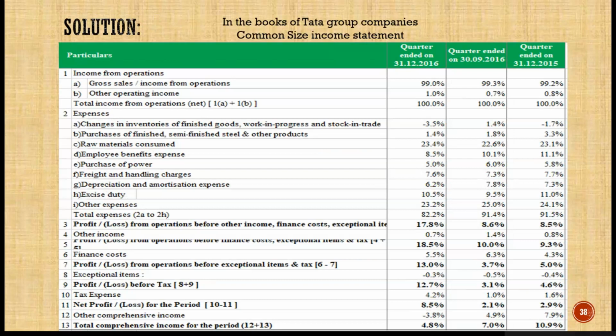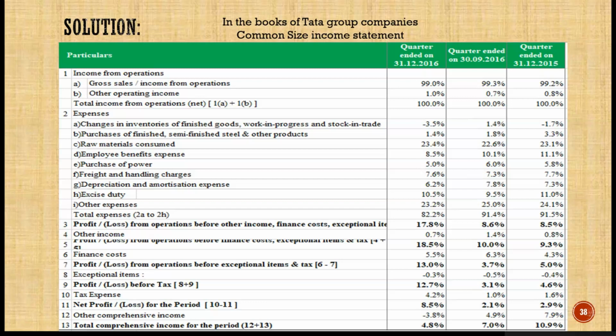This is the solution of the income statement in the books of Tata Group companies, the common size income statement. And you can see here the calculation. So by this way, one can estimate the future also by looking at there is an increase in the other operating income. Some fluctuations are there in income from operations.